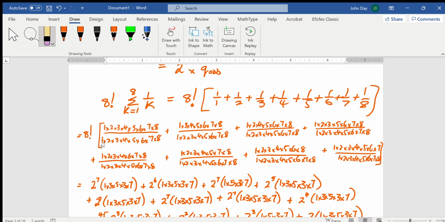You can see all 8 of those fractions written out in a big long line, and then I've multiplied by 8 factorial because we decided to get rid of those fractiony denominator parts, and we multiplied both sides of our original equation by 8 factorial.